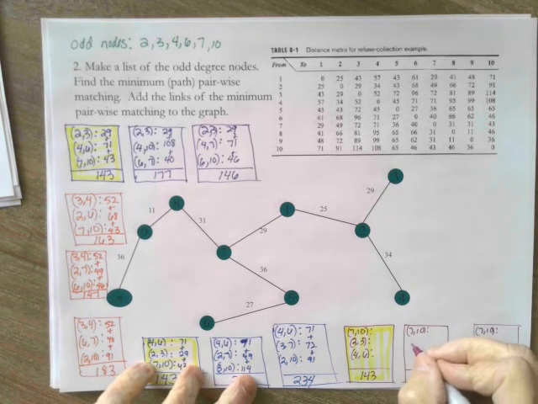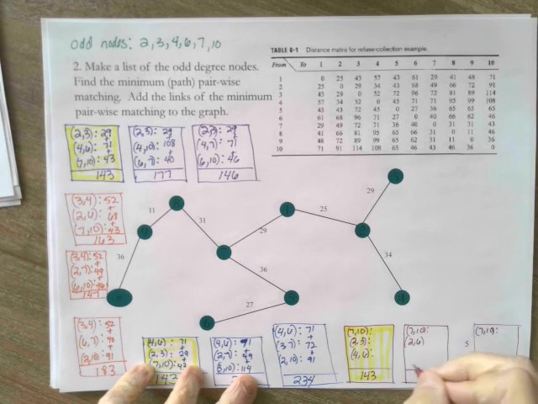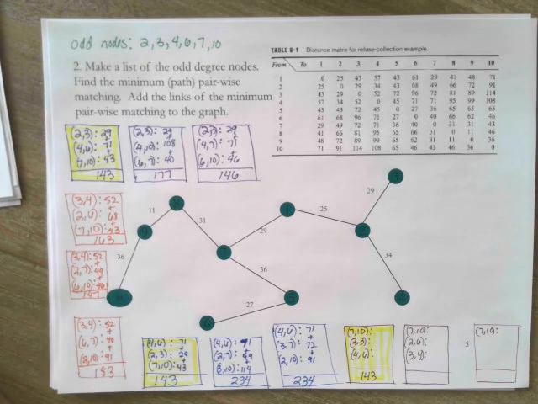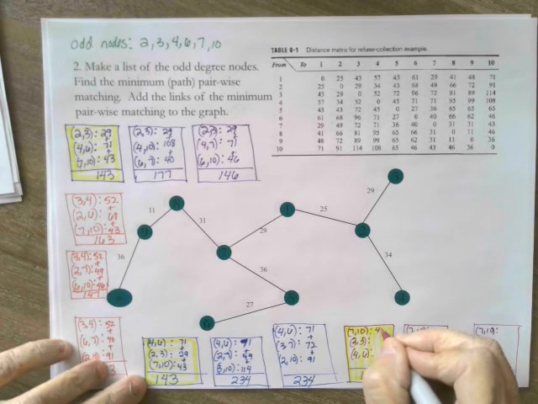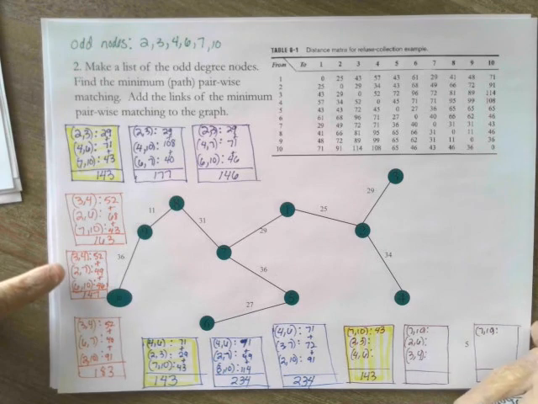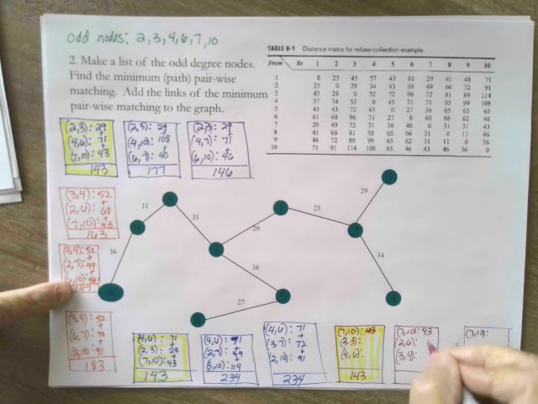We can have 7, 10, 2, 6, and then 3, 4. So what does that end up being? 7, 10 is going to be 43. Sorry, I'm going the wrong one. 7, 10 is 43.